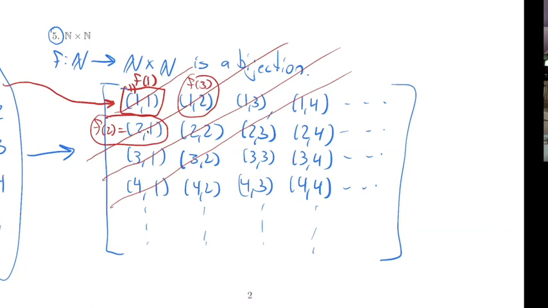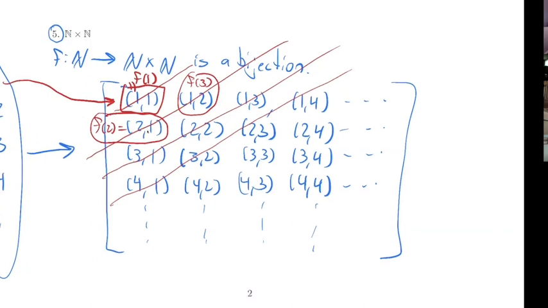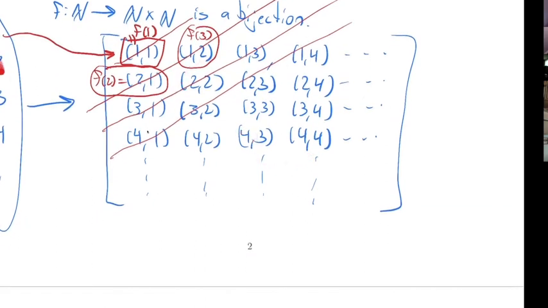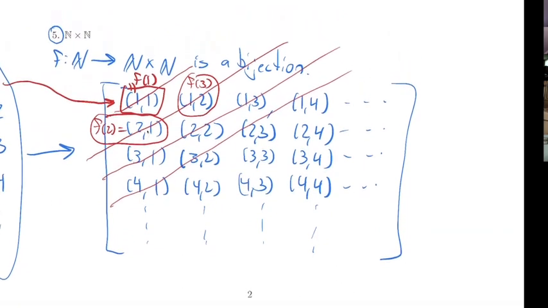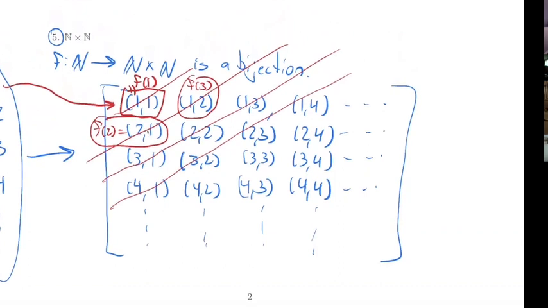So as long as we can find some way of ordering and counting all of these elements, that's going to be enough to show that there is a bijection. Although I didn't find a formula, here's a map. We're going to hit everything over here, and each of these numbers is only being mapped to one of these ordered pairs over here. So N cross N is countably infinite.